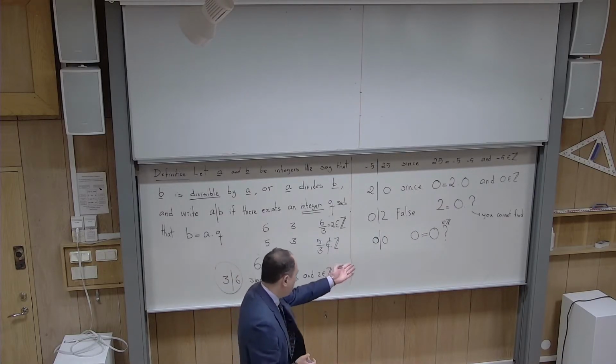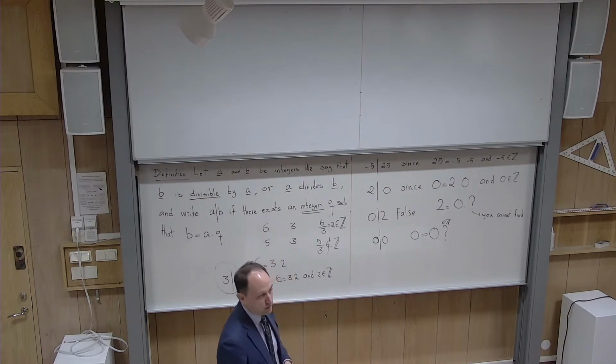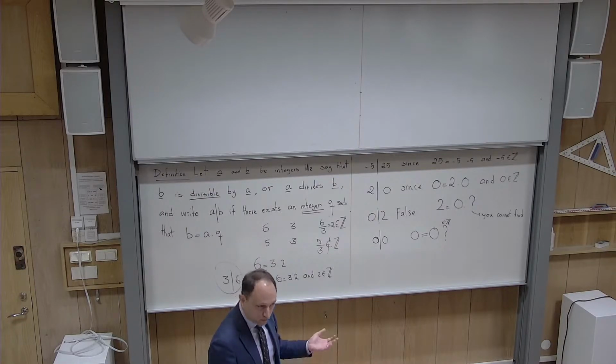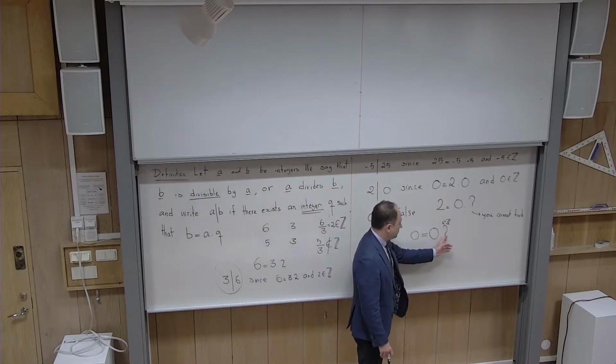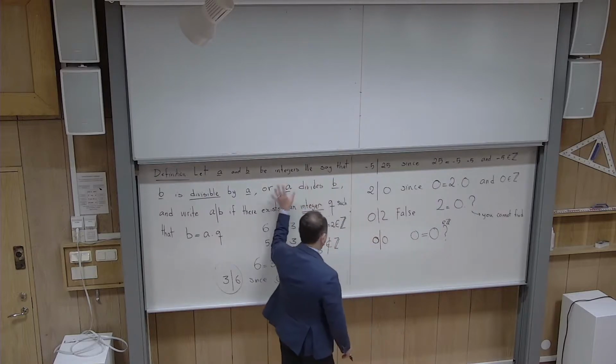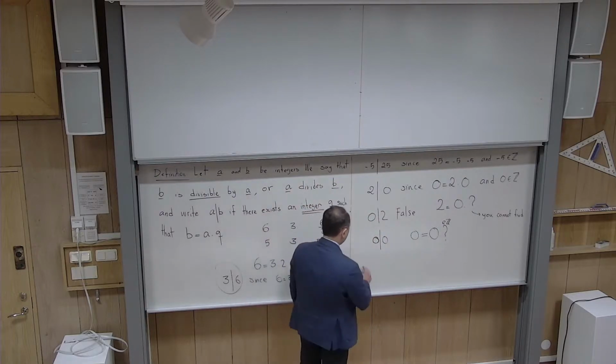But can you find an integer instead of the question mark? Yes. And by the way, in this case, how many integers can you find? Infinitely many. So it doesn't matter what integer you choose, this is completely valid. So based on this definition that I have written here, we can consider this also to be true.